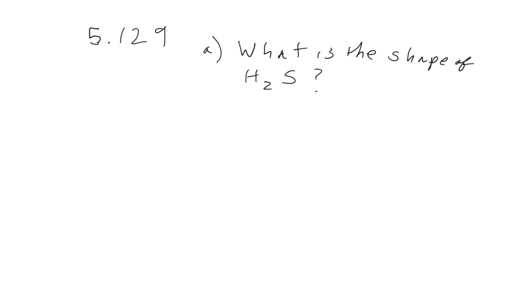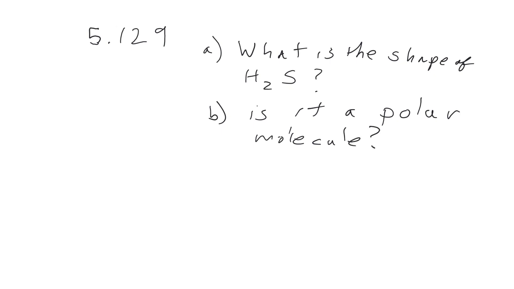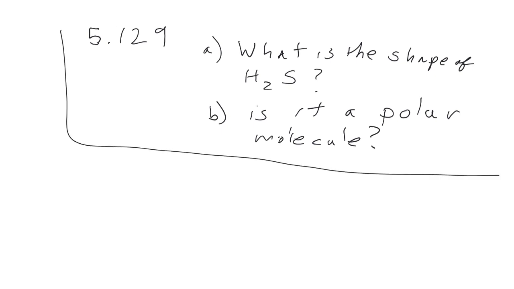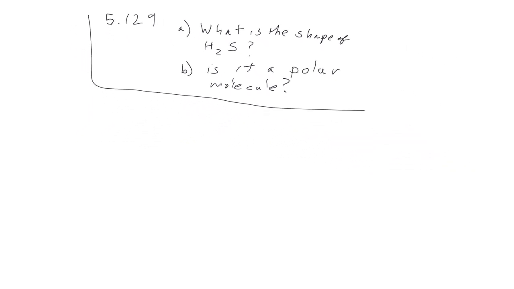Then they ask, is it a polar molecule? Well, part A is easy. It's part B that causes the issue. So let's take a look together. Matter of fact, I think I actually even contradicted in lecture myself. But let's take a look at this example.